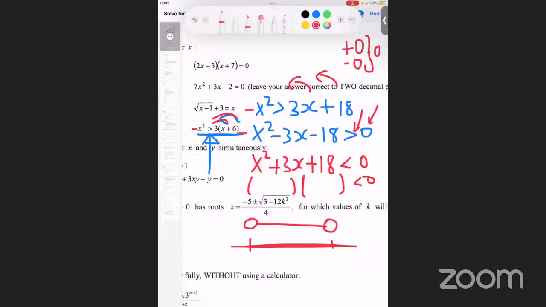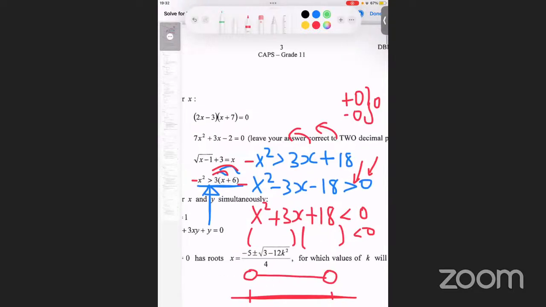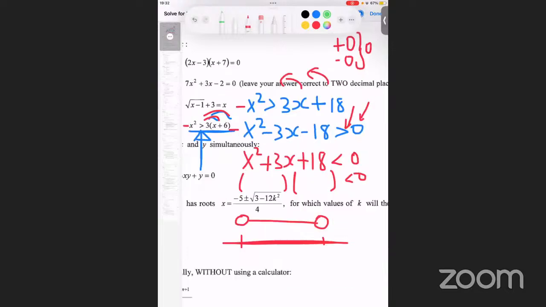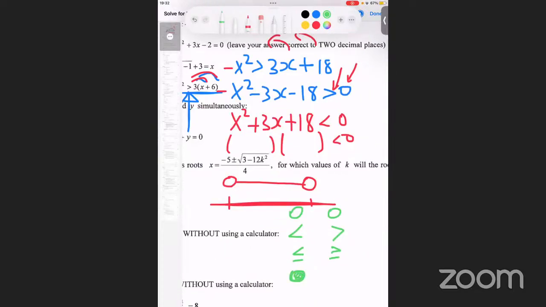So something very much important to remember is that if you are having less than or maybe greater than, you are having the circles which are not shaded. But if it's less than or equal to, it could be greater than or equal to, this is where you have the circles which are shaded.